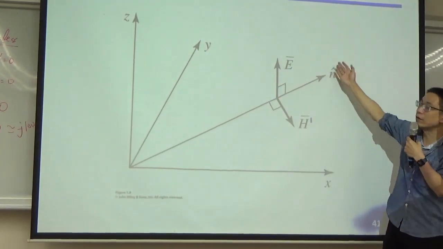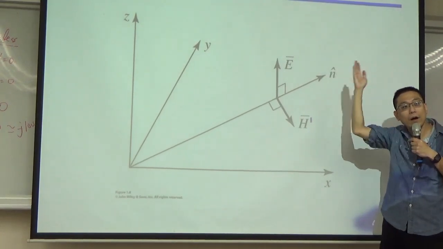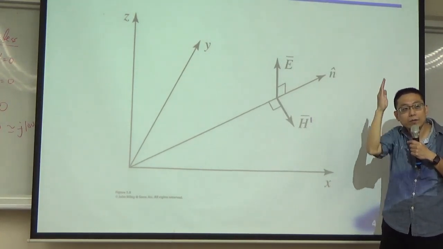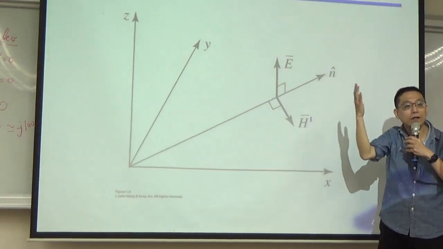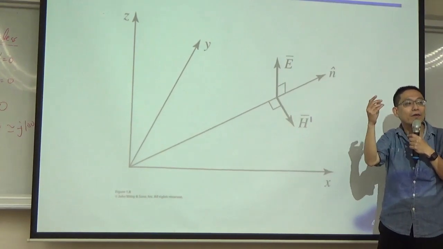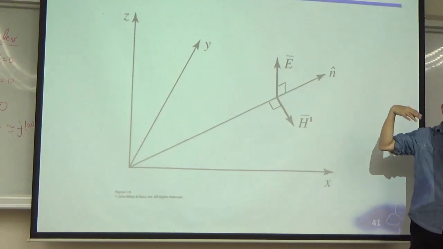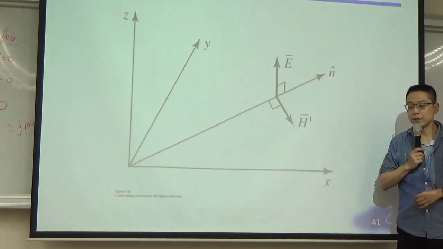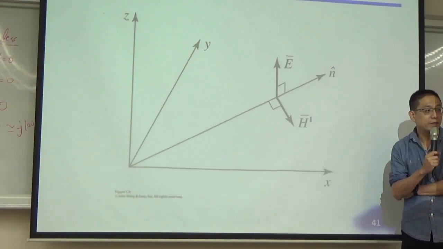This is a general case. Not only one single direction, it's a direction with maybe a little bit of x, more y, or a little bit of z. To understand the physical meaning is easy.